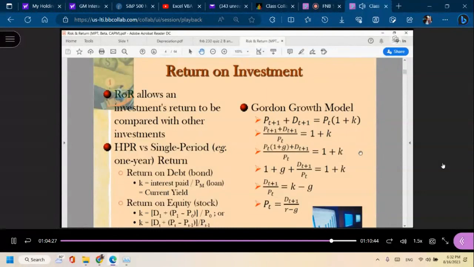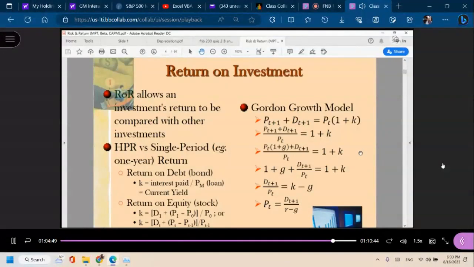But in scenario 2, return and growth rates are different, because growth rate refers to the capital gains portion, the growth in the house value.